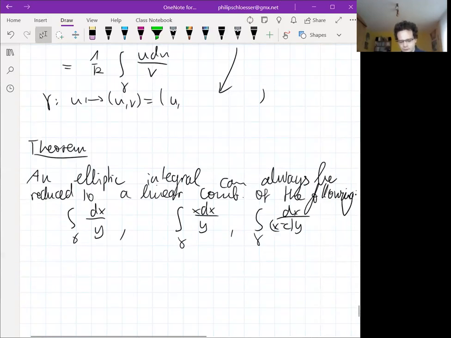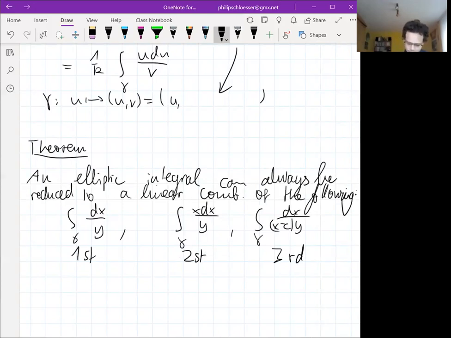And, well, to keep in line with the terminology that we are used to, those are called elliptic integrals of the first kind, those are called elliptic integrals of the second kind, and those are called elliptic integrals of the third kind.